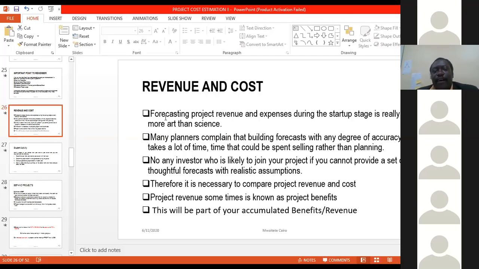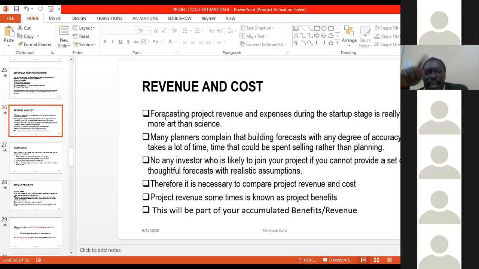So we say here, forecasting project revenue and expenses during the startup stage is more than art. This is the art. To predict revenue, to predict the future, it is an art which a project manager needs to develop, to know in year 5, that is the end of my project, what are the costs? How much will remain?